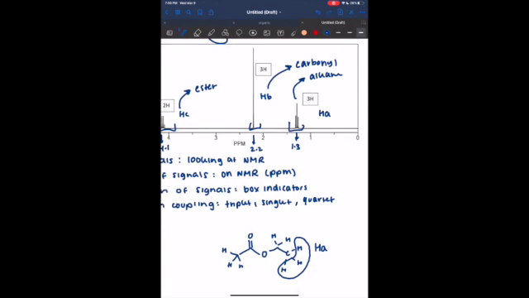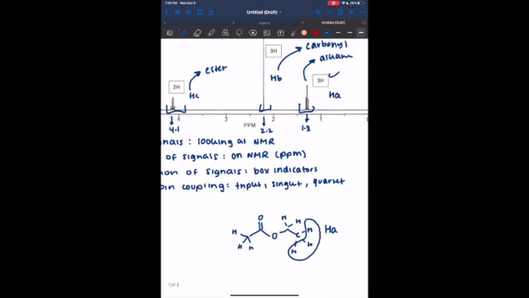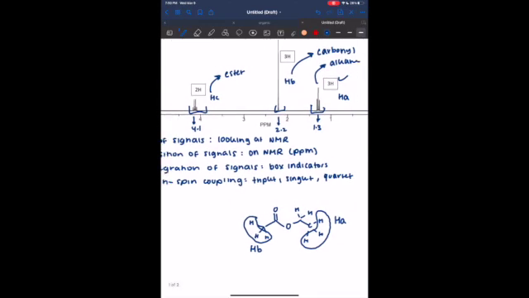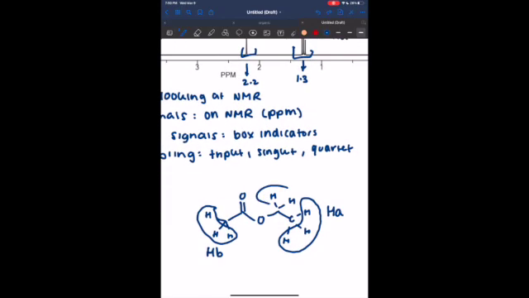It is around 2.2 ppm, like we said, and it has 3 hydrogens. If we know that we've taken care of these alkane hydrogens, we can see that this is the only other group that contains 3 hydrogens, so we're going to label this as HB. Next, we see that the peak at 4.1 only has 2 hydrogens, so we can assume that these 2 hydrogens will share the same signal, and it can be HC.